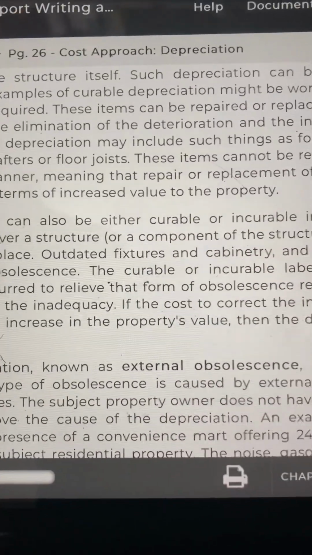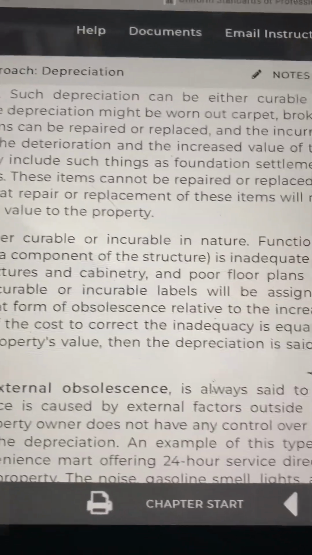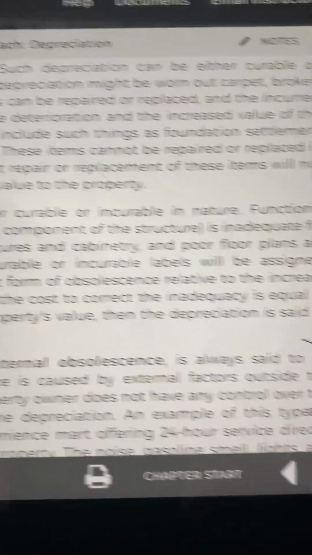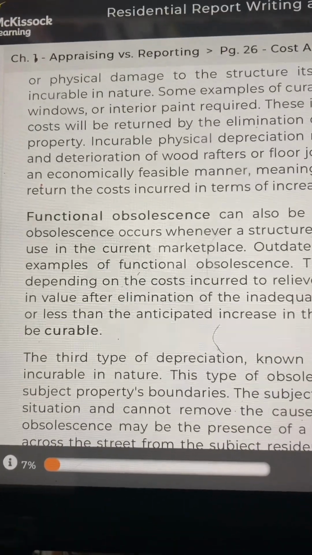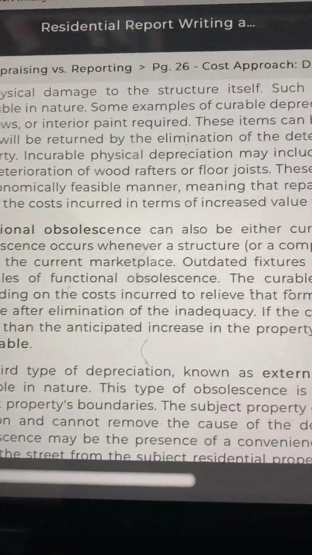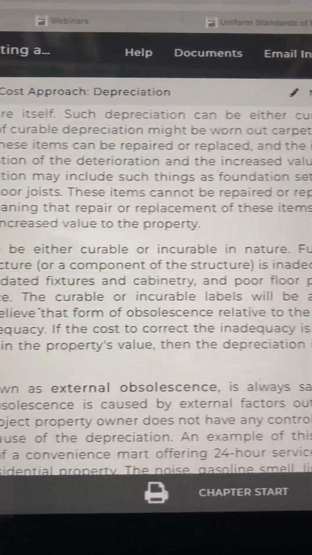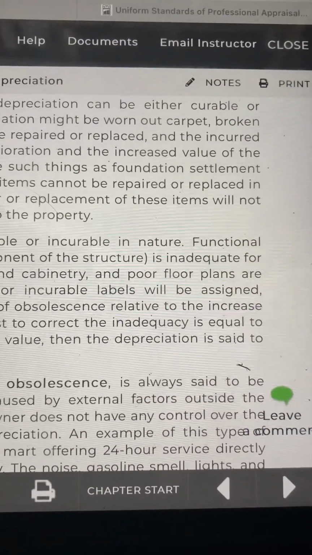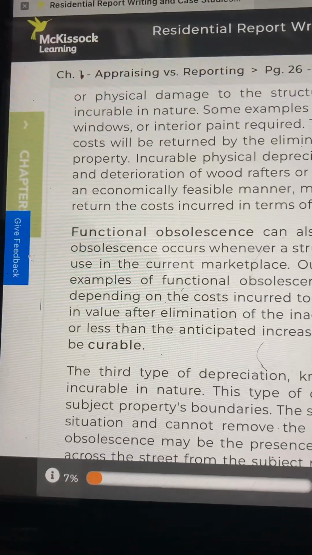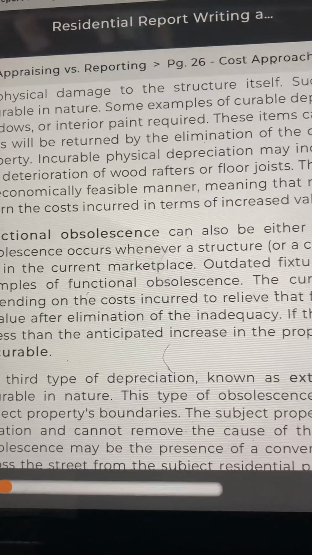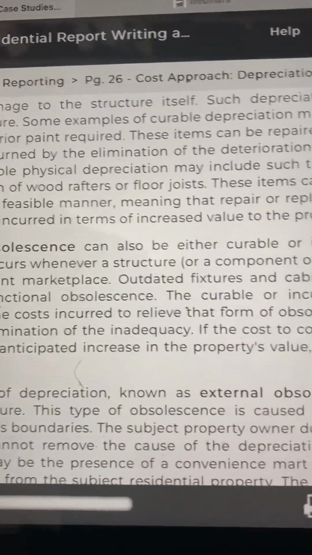Outdated fixtures or cabinetry will be labeled curable or incurable depending on the costs incurred to relieve that form of obsolescence relative to the increase in value after elimination of the inadequacy.